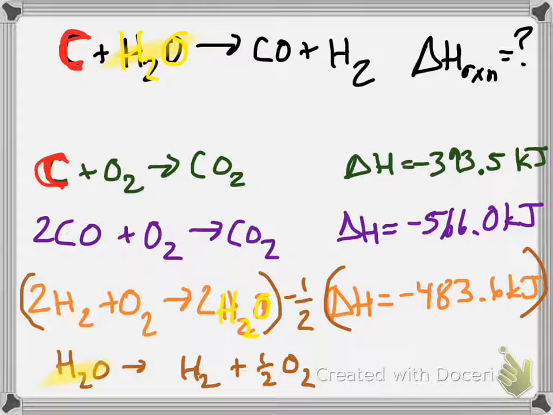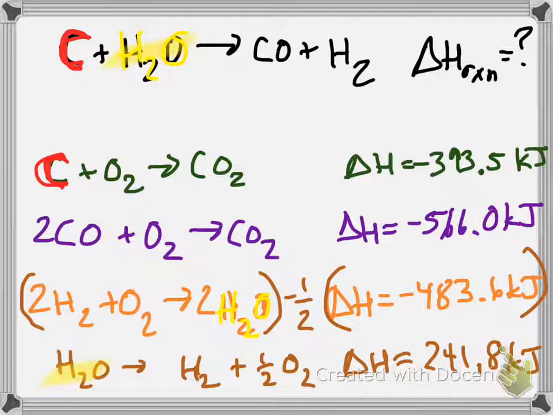So now instead of releasing 483.6 kilojoules of energy, this reversed reaction, this flipped reaction, would have to gain that much energy. But we only have half the moles, so our delta H is now 241.8 kilojoules.